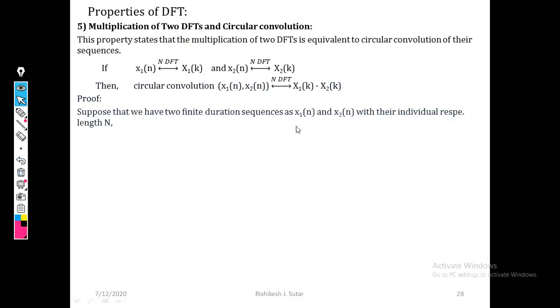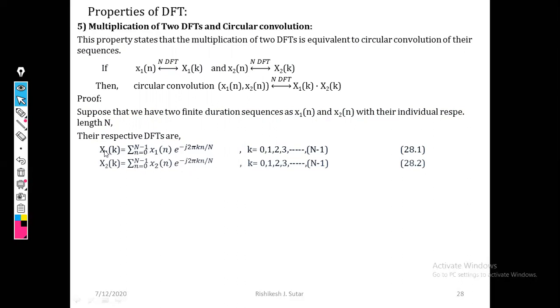Let's start with the input. Let us consider two finite duration sequences x1 of n and x2 of n, each of individual length capital N. The respective DFT equations I can write as: x1 of k is equal to summation x1 of n e raised to minus j 2 pi kn upon capital N, n runs from 0 to N minus 1.